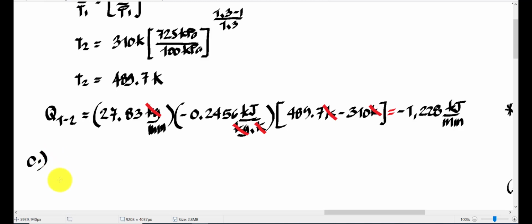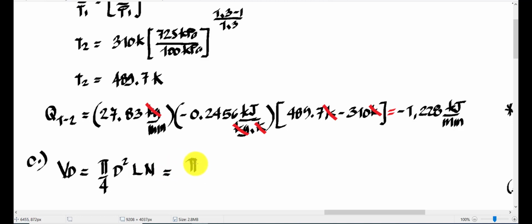Now, for the calculation, we have the volume displacement. So that will be pi over 4 times the diameter squared, multiplied by the length. Now we're going to substitute.